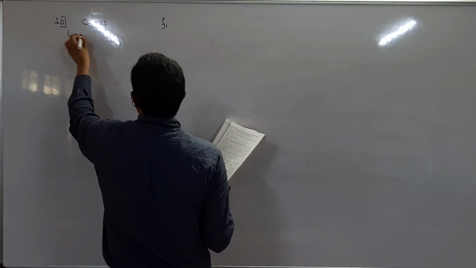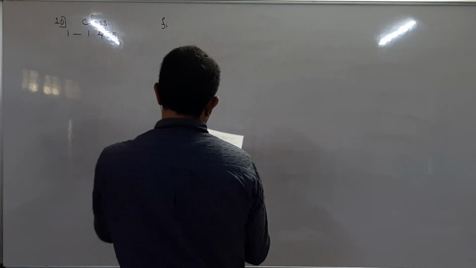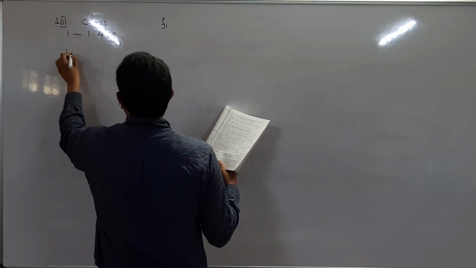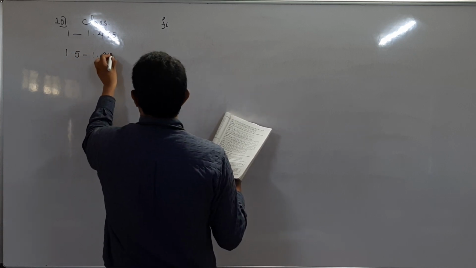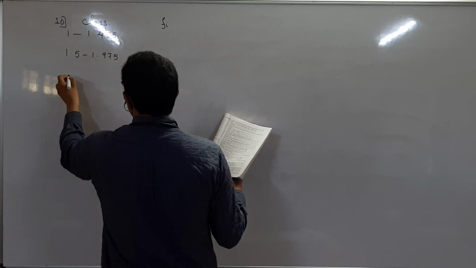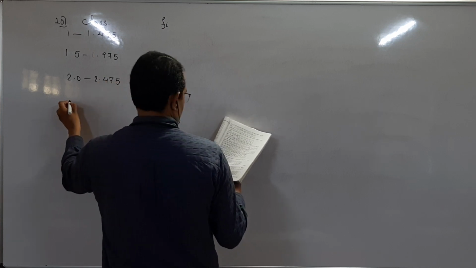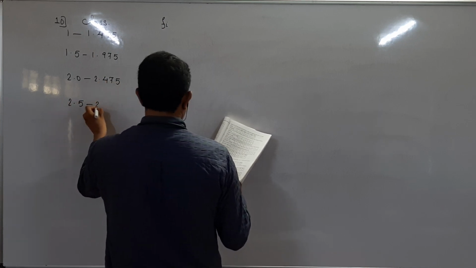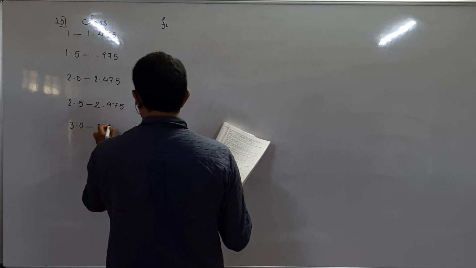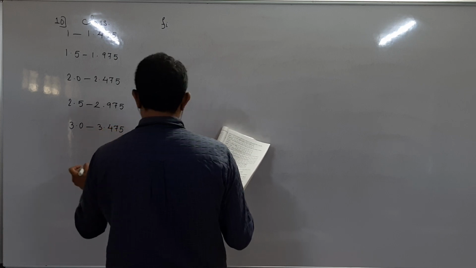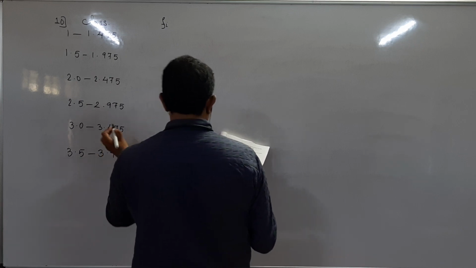Students, again the purpose of recording is to use a wider, bigger board to explain to you. 1.5 to 1.975, then 2 to 2.475, 2.5 to 2.975, 3 to 3.475, and 3.5 to 3.975.